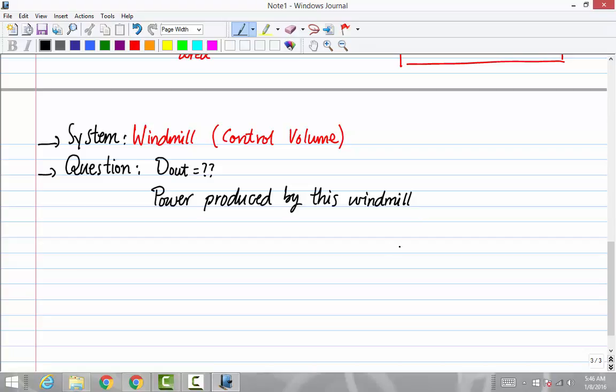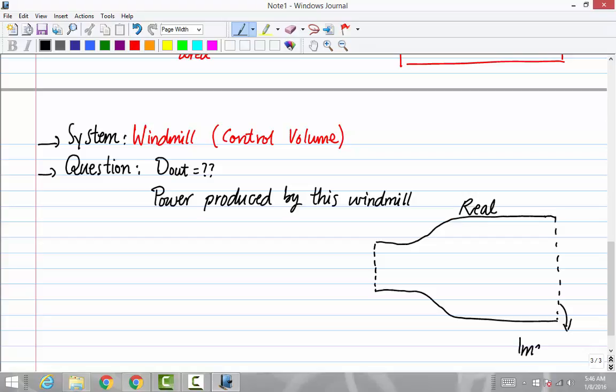So we have real boundaries, the case of the diffuser, the case of the windmill, and we have inlet and outlet. The inlet is open and exposed to atmosphere, and the outlet as well. These dashed lines are imaginary boundaries. Okay, please pay attention to the way that you pick your boundaries.